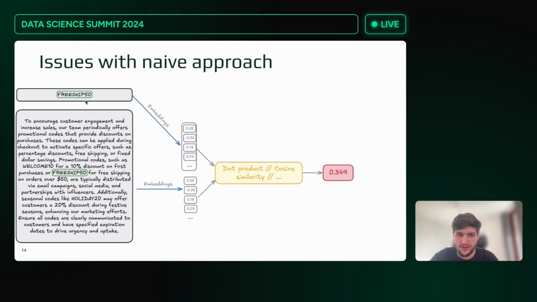First of all, here on top, we see our search query, which is free ship 50, which is a promotional code within, let's say, an online store or some website that sells products. And part of their content in their knowledge base is some information about those promotional codes, where they explain how those promotional codes work. They say, to encourage customer engagement, and so on.